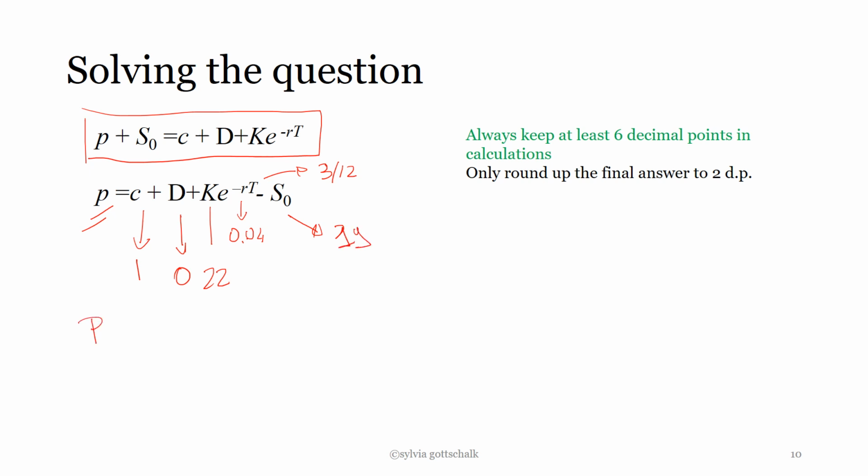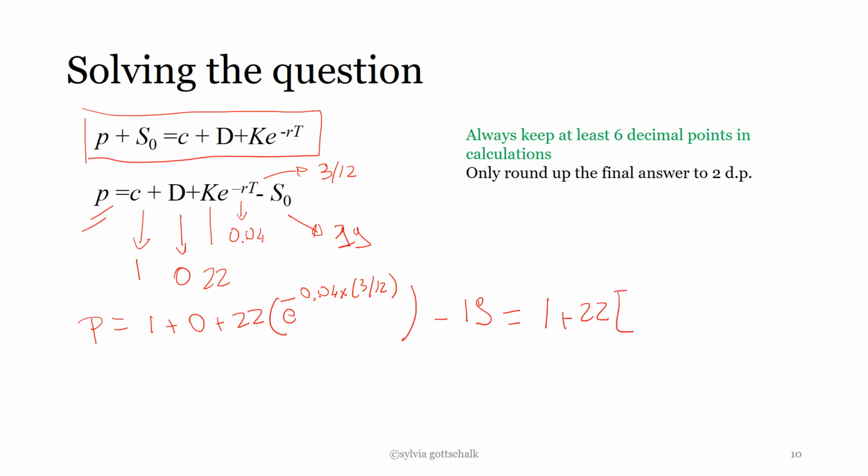Now, if we plug in everything, you get plus 0, so let's put everything as it is. 4 times 3 over 12 minus 19. So we have 1 plus 22.